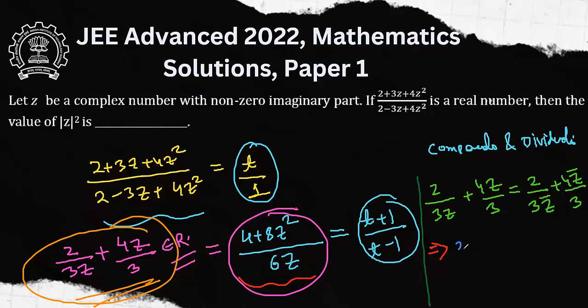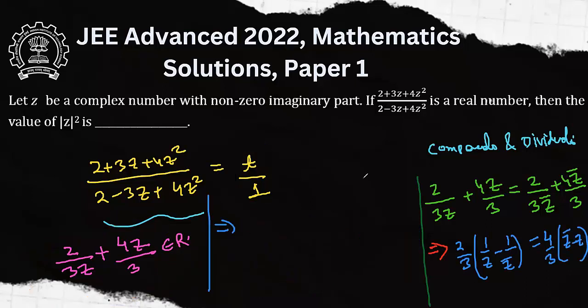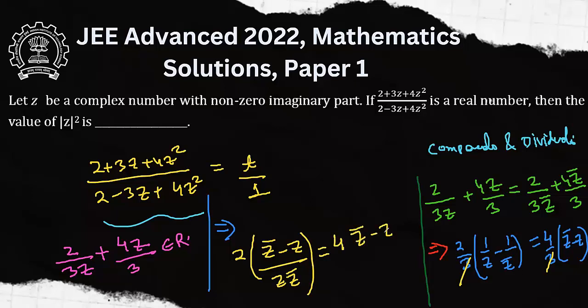So 2 by 3 times (1 by Z minus 1 upon Z bar) is equal to 4 by 3 times (Z bar minus Z). Now I can cancel this 3 and 3 here. So that means 2 (Z bar minus Z) upon Z Z bar is equal to 4 (Z bar minus Z).